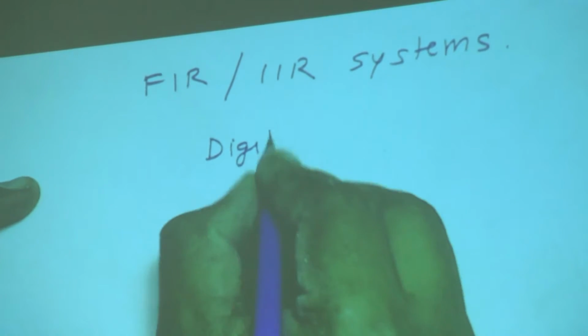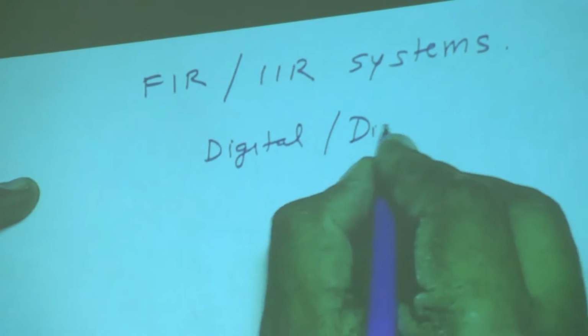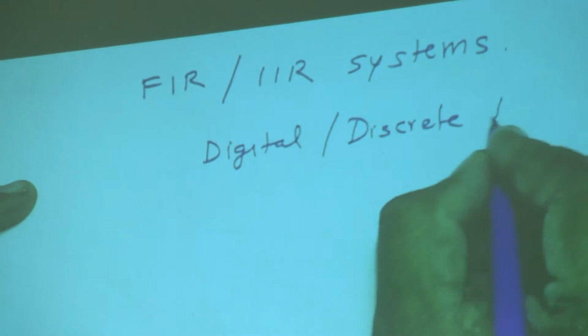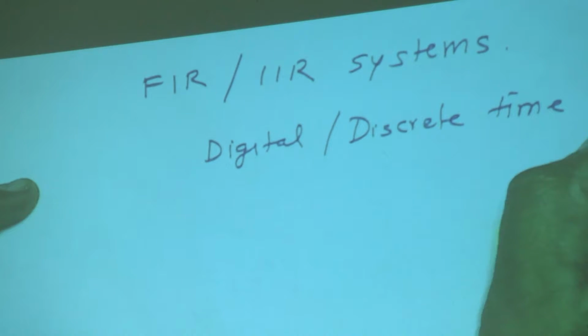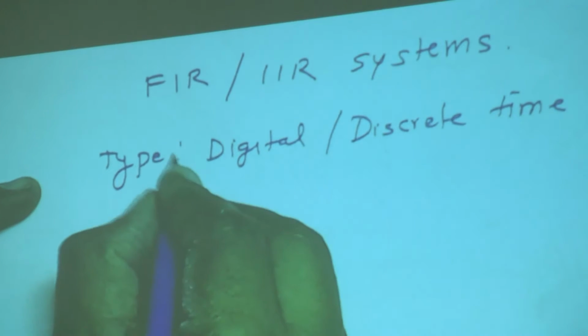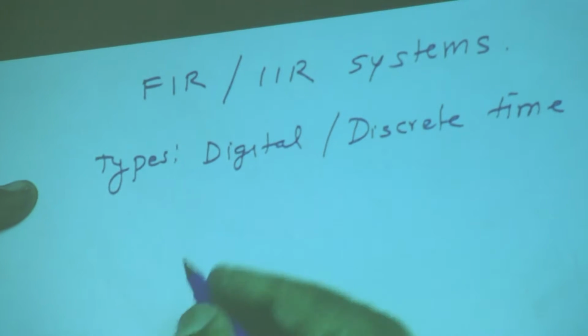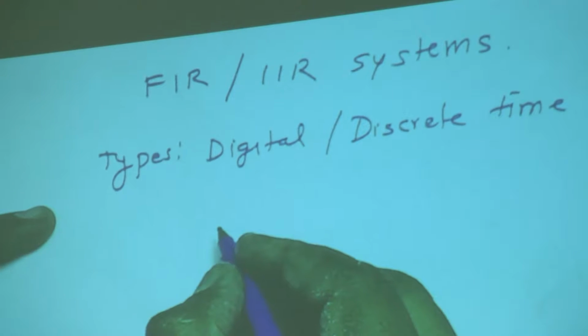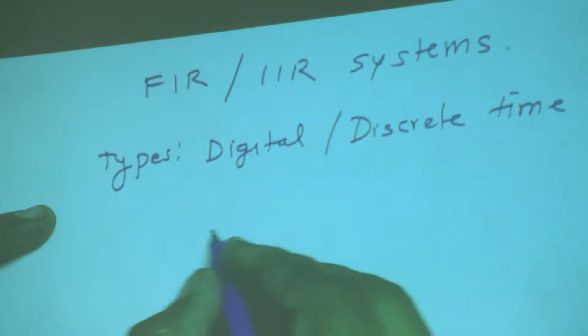These are the two different classifications of digital or discrete time systems. These are types. How are these classified? The classification is done on the basis of the relationship.